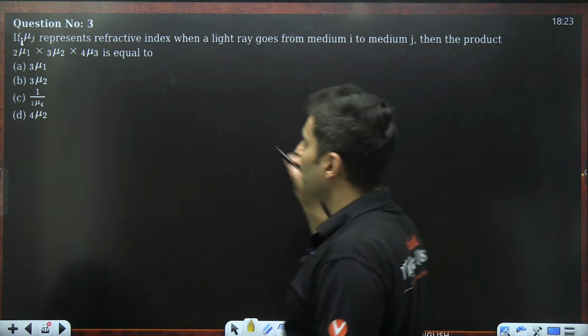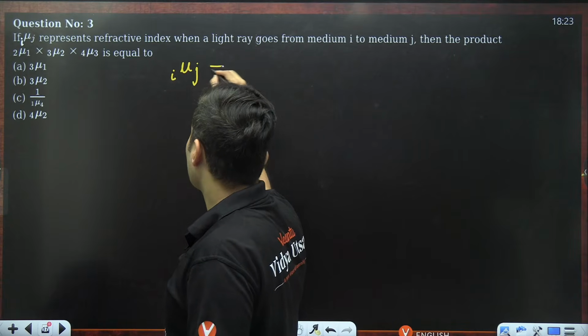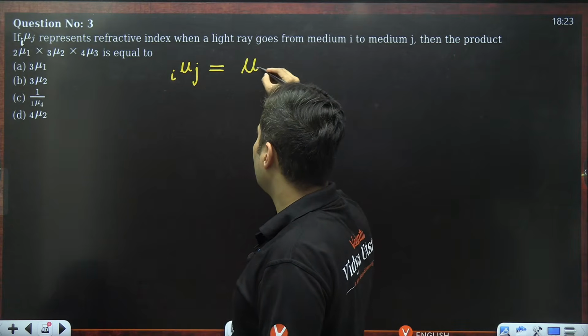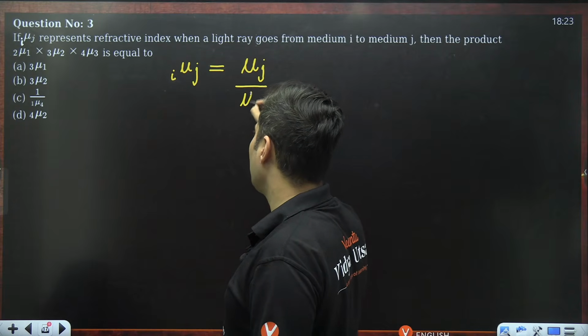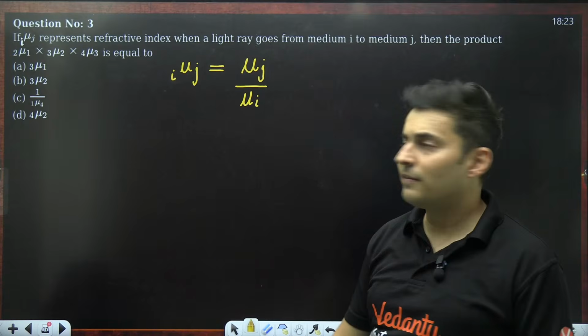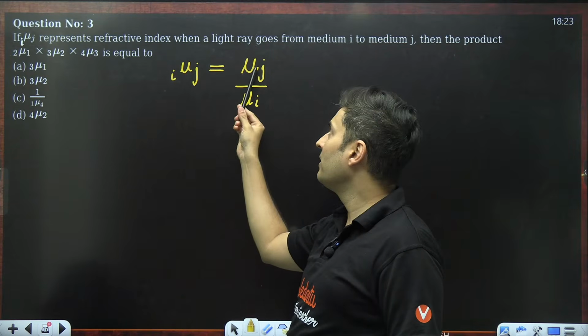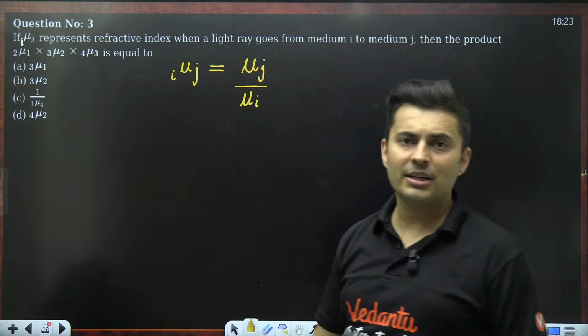First of all, i mu j can be written as mu j divided by mu i. That is the generic expression. The refractive index of glass with respect to air will be the refractive index of glass by the refractive index of air.